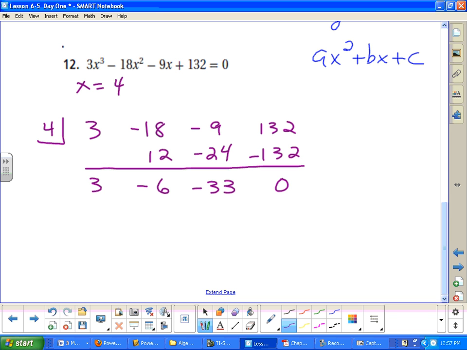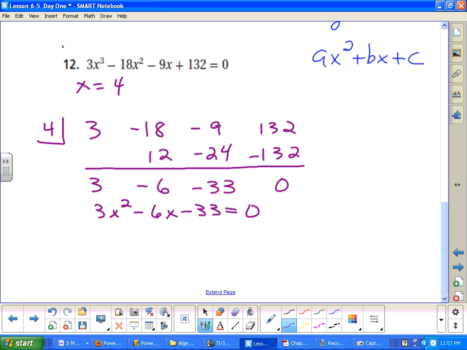Now, one nice thing about this is these are all multiples of 3, aren't they? What I want to do is solve this equation now to find the other two zeros. Well, first thing I can do is divide by 3, can't I? We could have done that up above, but here I can see it for sure.